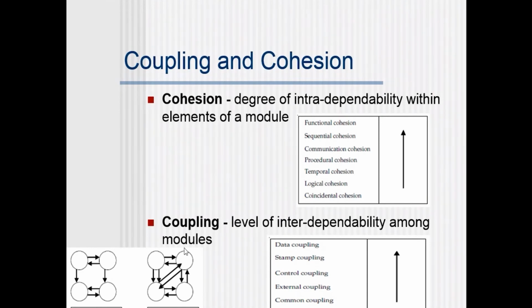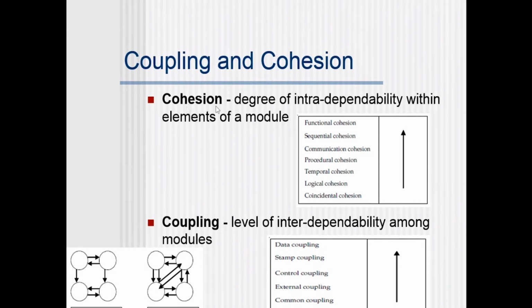So coupling is nothing but how your module is going to interact with another module, and cohesion is how your particular module and the components of that module interact within themselves. That is nothing but the cohesion.